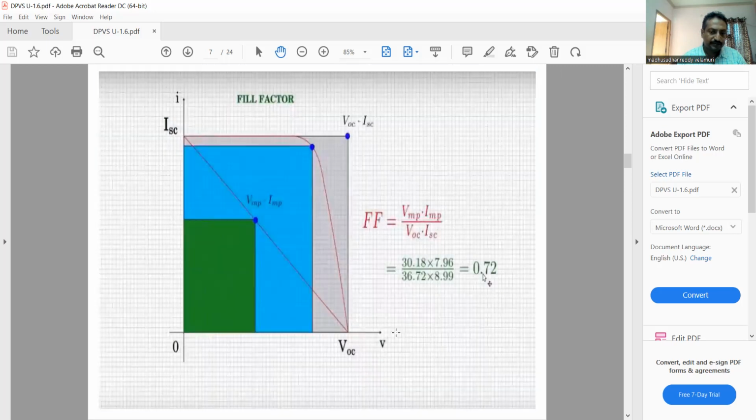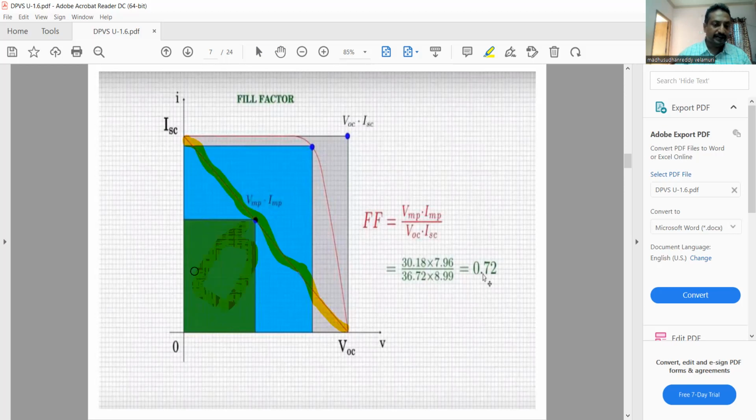So a particular line is there now. I'll show that line. This line is the IV characteristics of the bad characteristics.